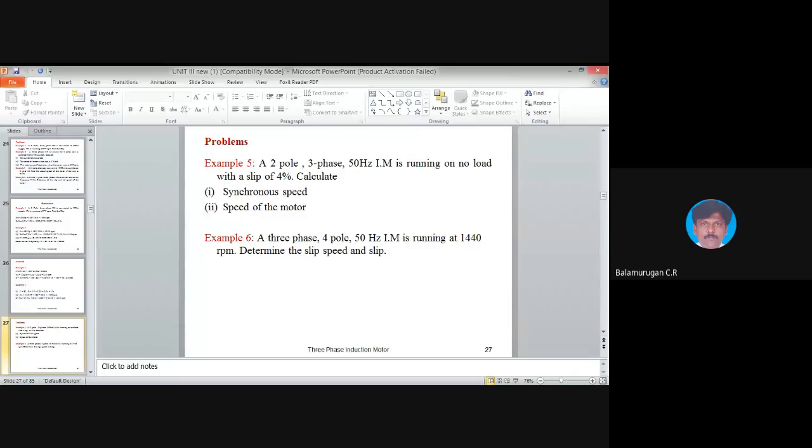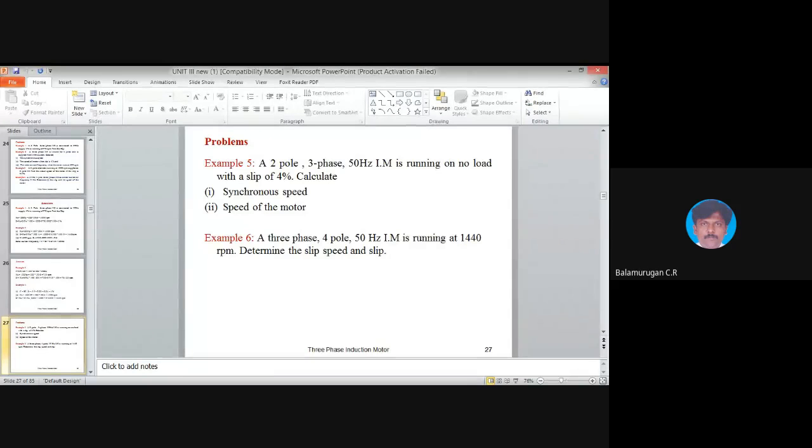So this problem is a 2-mark problem. So you quickly tell the answer. So ns is 3000 RPM. What about n? So example 5. So ns you can directly substitute 120f by p.